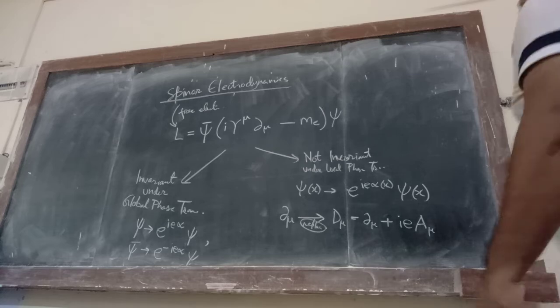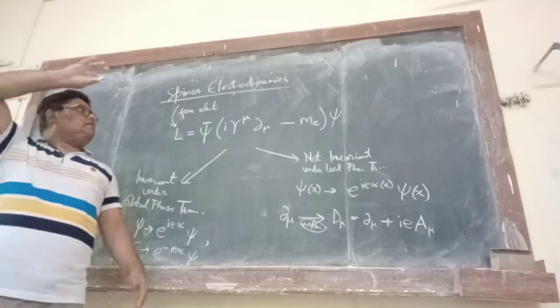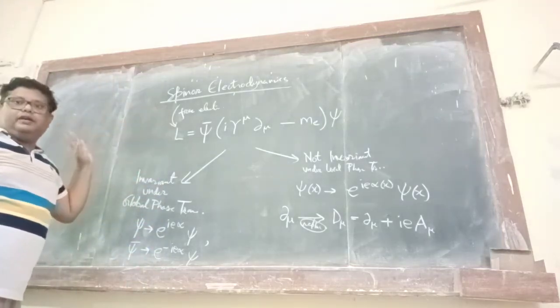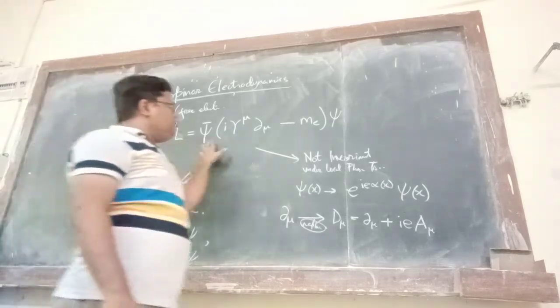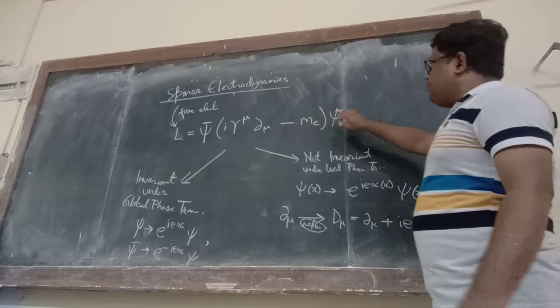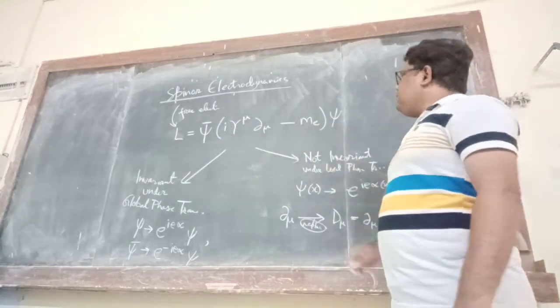Okay. So now let's start with spinor electrodynamics. And the first thing that we will consider is the Lagrangian density of a free electron, which I have written down over here. Gamma matrices, field, mass of the electron, right? This is quite familiar.